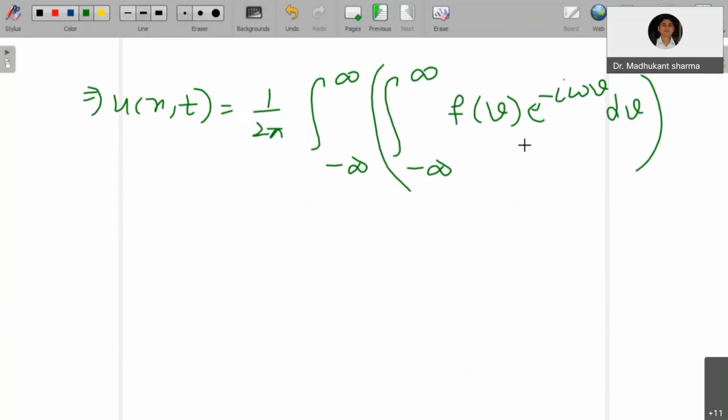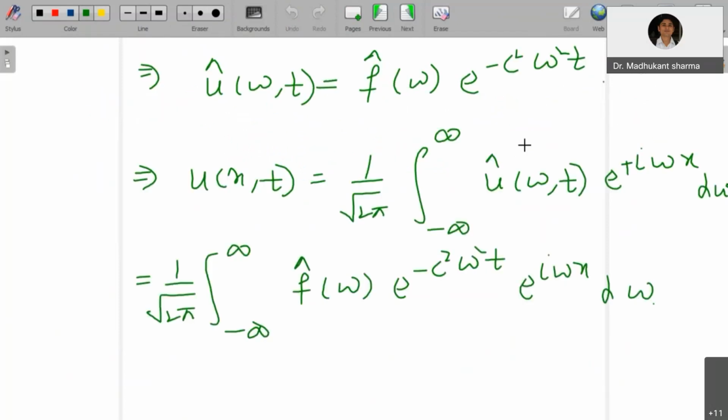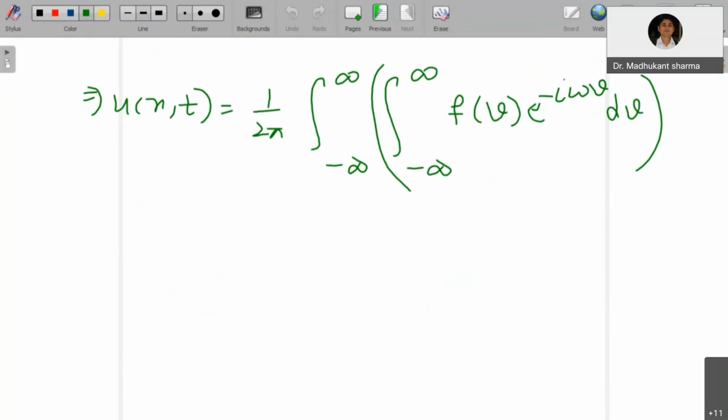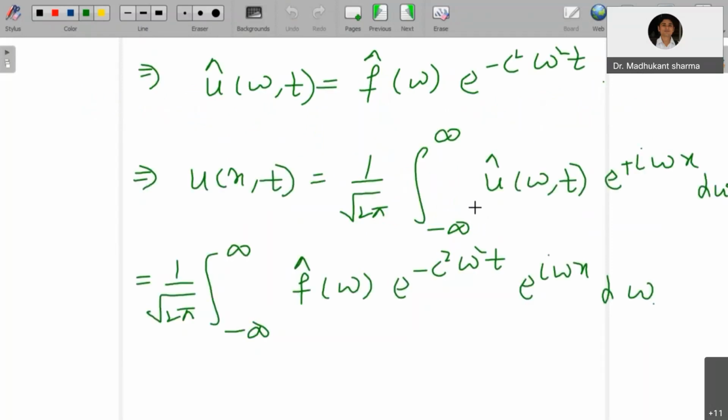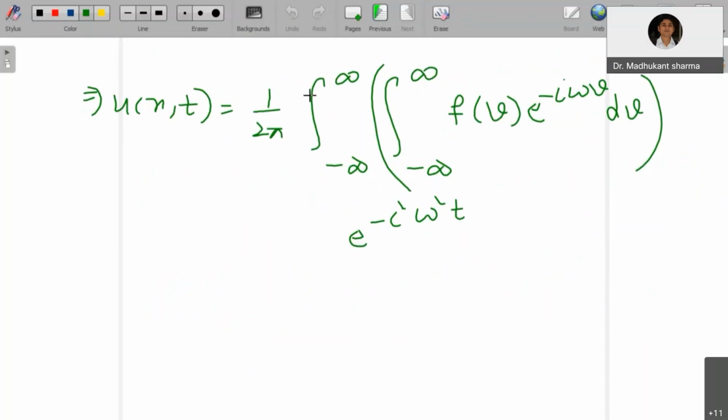That's going to be f cap. And you have e to the power minus c^2 w^2 t, and you have e to the power i w x there, right? So you can club it together, plus i w x, dw. Okay. Now based on the definition of f, you can have that temperature distribution.